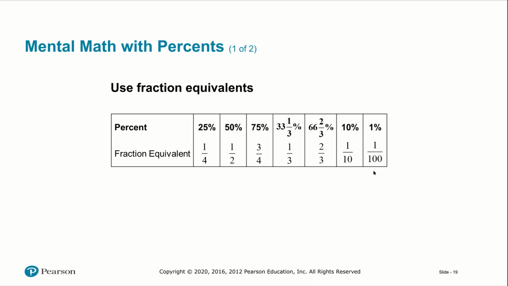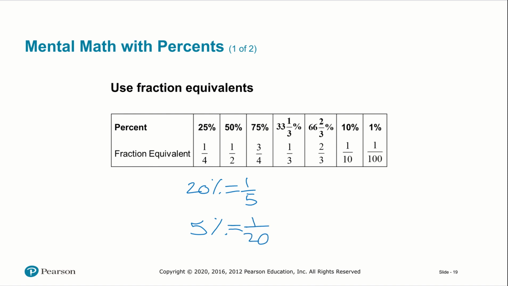A couple of other useful ones, 20%, that's 20/100, so 1/5 if you reduce it, right? We have 5%, which is 5/100 or 1/20.